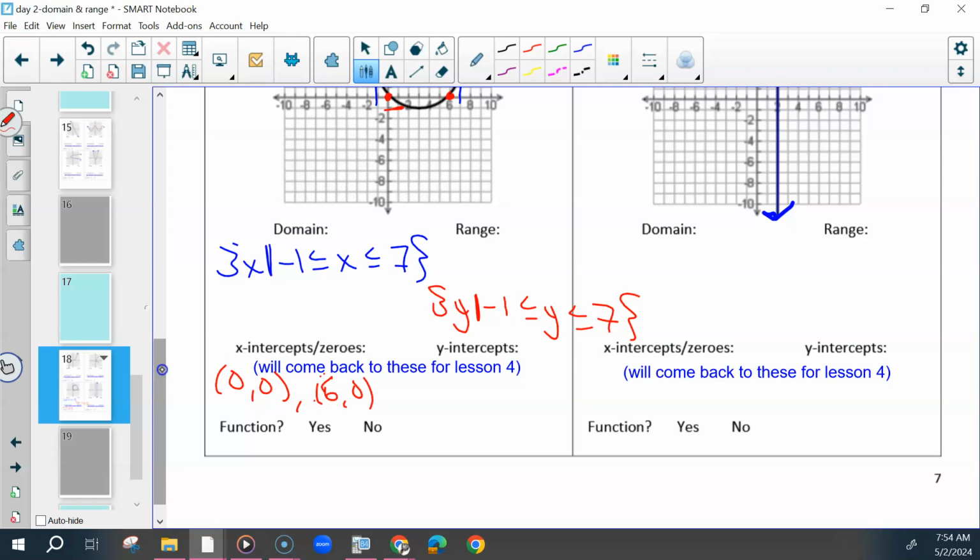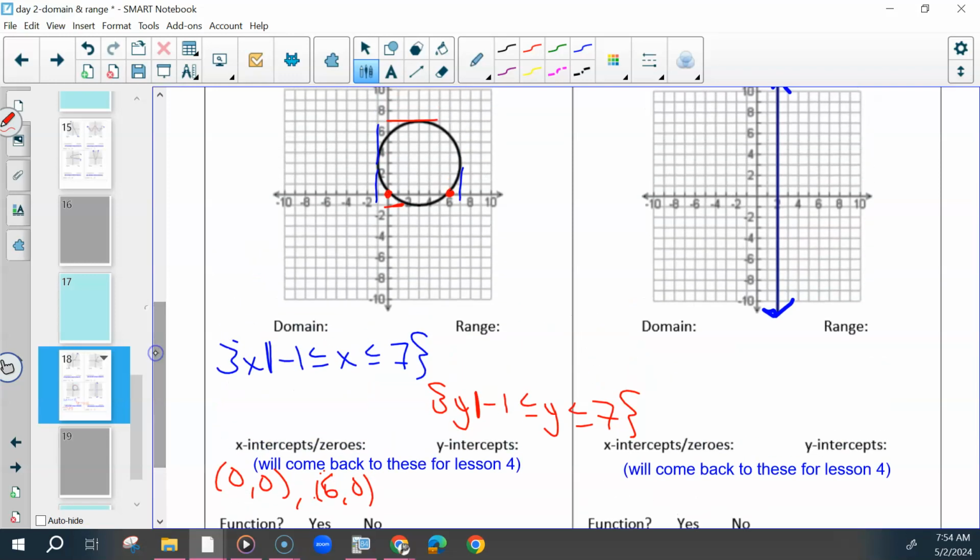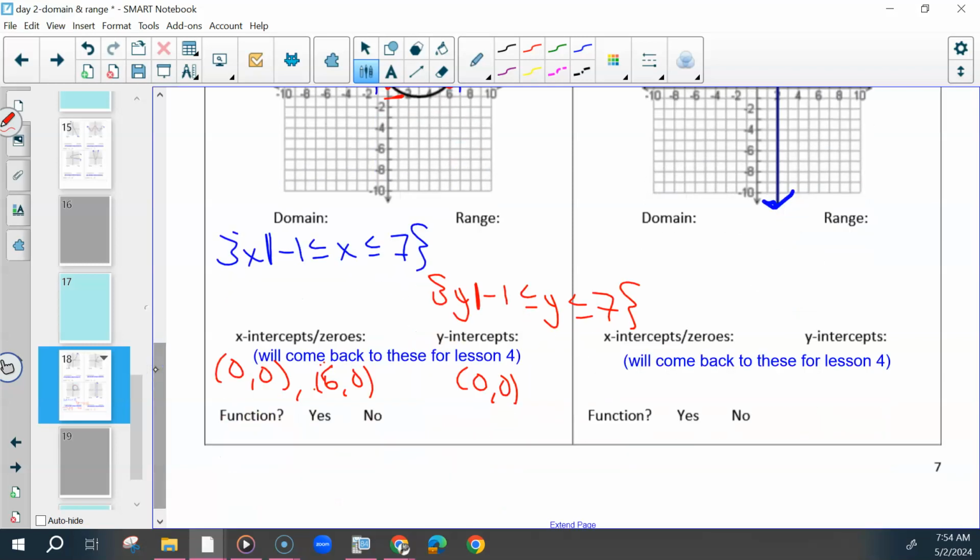Okay, y-intercept. Mine's more like 0.6, but whichever one yours is on, put that. Is this a function? No, it does not have vertical lines.